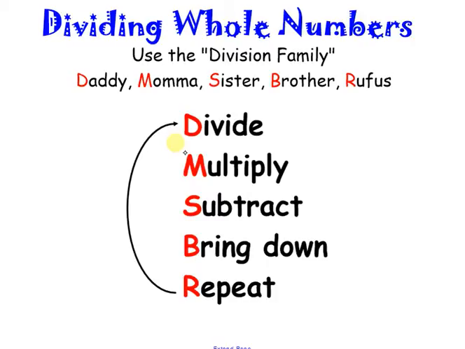And because there's a lot of steps, there's a little saying or a little poem that you can use to remember, which is Daddy, Mama, Sister, Brother, Rufus, which stands for divide, multiply, subtract, bring down, repeat. And you'll see that at the top of each slide. If that's not useful to you, or if you want to make up a different one, that's perfectly fine, but it's there as a tool for you as well.